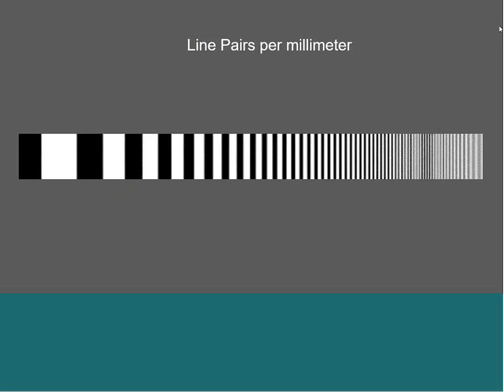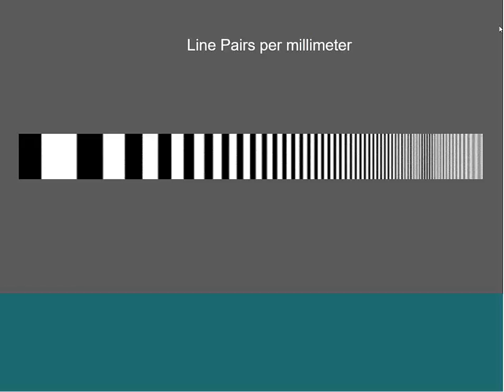These are specified in line pairs per millimeter. That's the resolution specification. That's the measurement that's performed at the factory, and it becomes a part of the lens specification. The term line pairs per millimeter describes the ability to discern the edges, that is the border, between two lines.